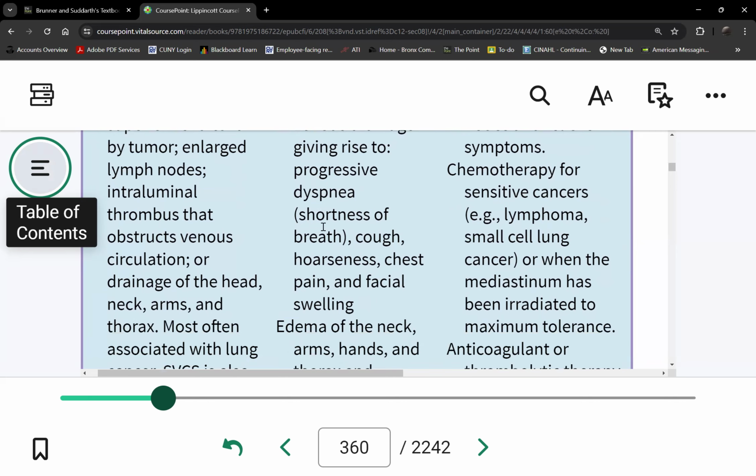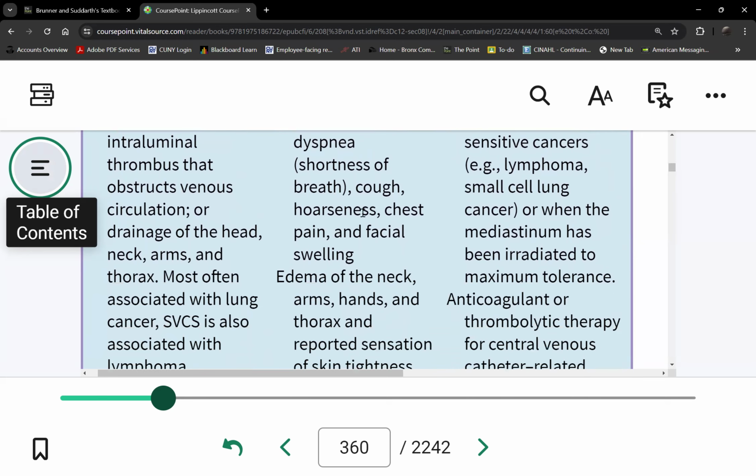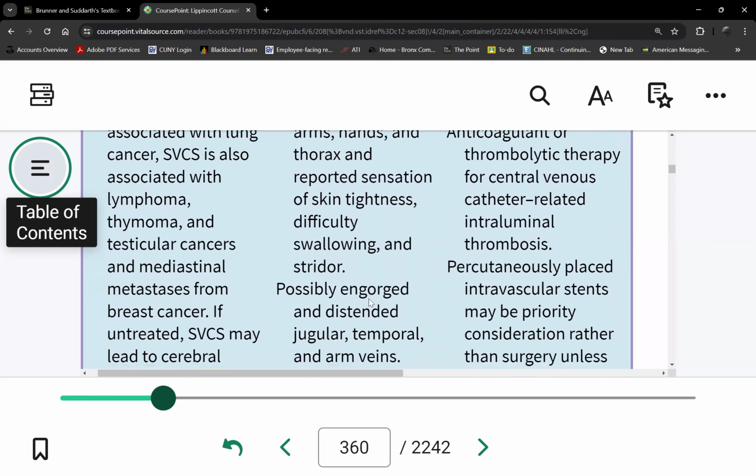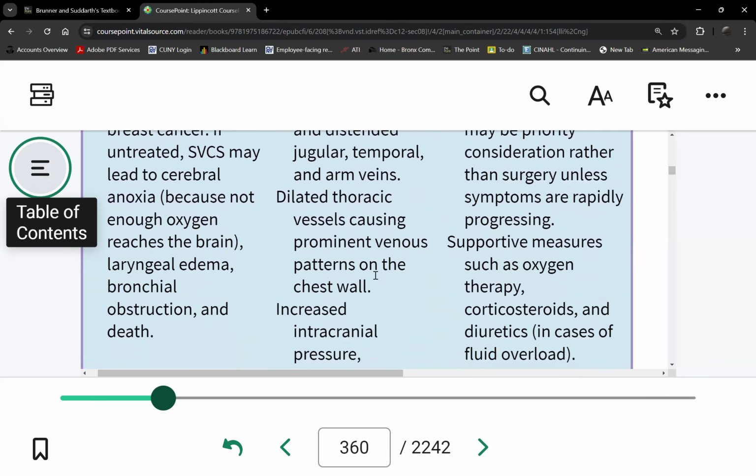All right. So here are your manifestations. Again, a collection of congestion from the upper parts of the body, as well as decreased cardiac output, leading to obstructive shock. So you have facial edema, upper arm or extremity edema. You'll have distended neck veins, a severe headache. So increase in intracranial pressure as well. Edema in these parts of the body, skin tightness in the same areas.